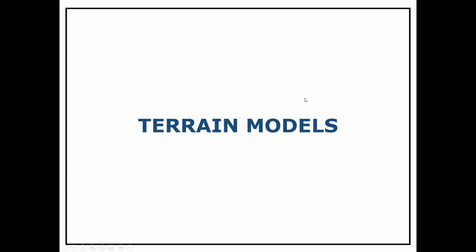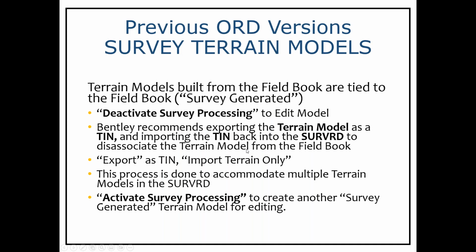Now I want to get down to terrain models, and I'm going to spend a little more time on this because there are some game changers going on in terrain models. Previously in ORD versions, for survey terrain models, you build a survey generated terrain model from the field book. That's very standard. Then you would have to deactivate the survey processing to edit the model.